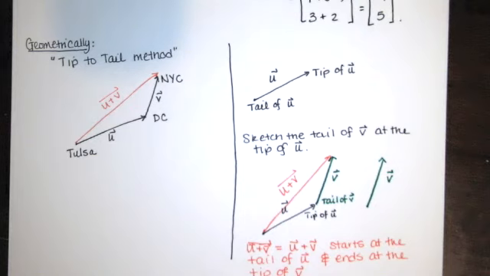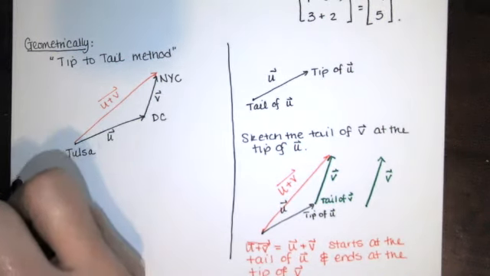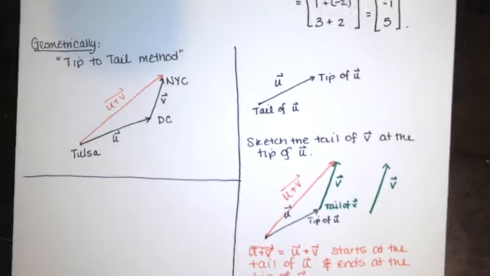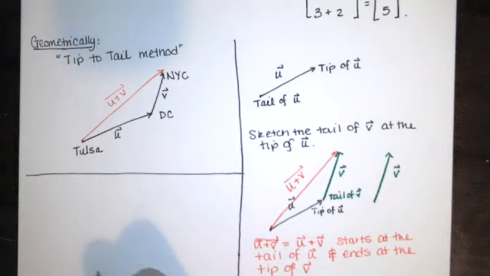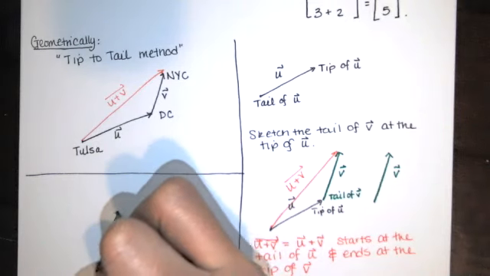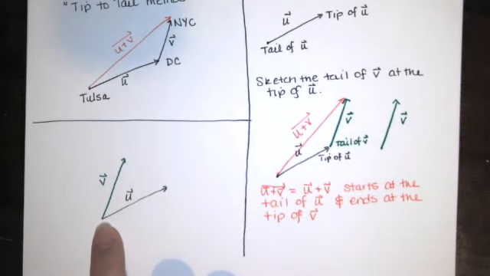Now the textbook authors don't talk about the tip to tail method, but they talk about what's called the parallelogram method instead. The parallelogram method is telling us the same thing. So let's say you start with a vector u over here, and then you've got this vector v. Try to draw the same vector, approximately like this. And maybe you've drawn them so that their tails are initially at the same place.